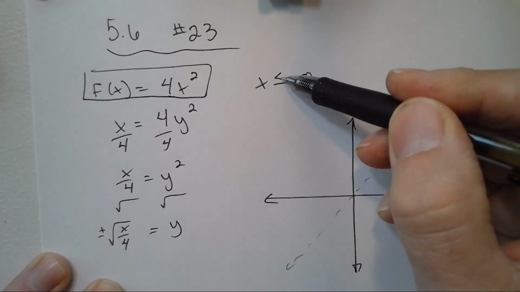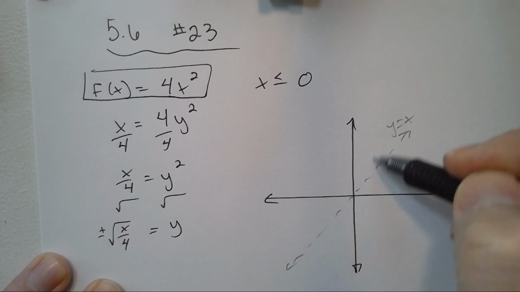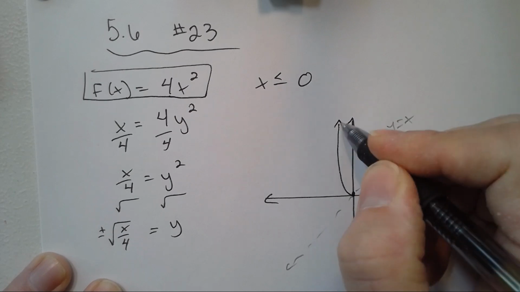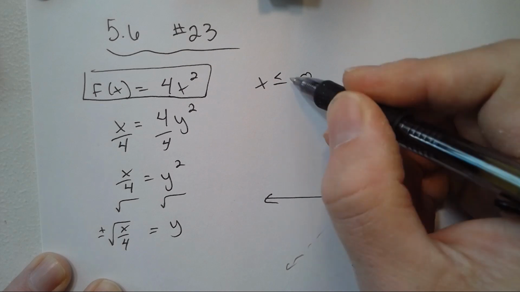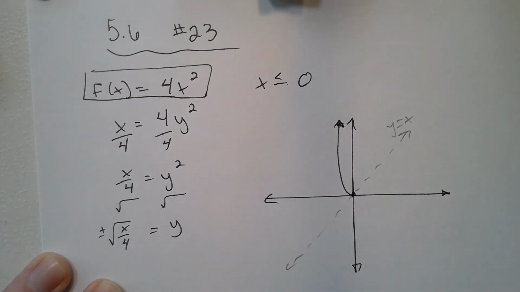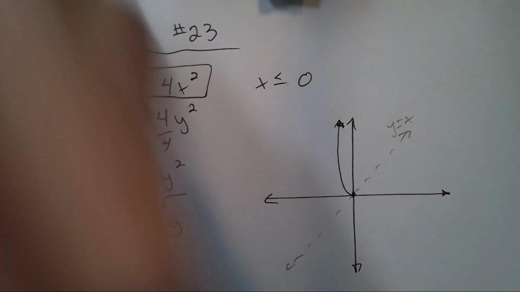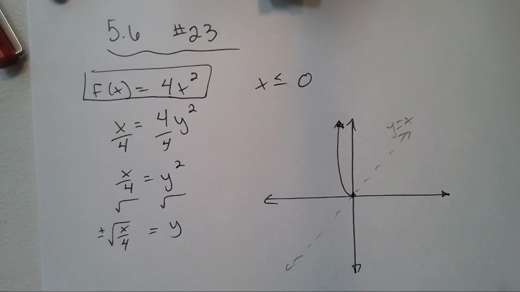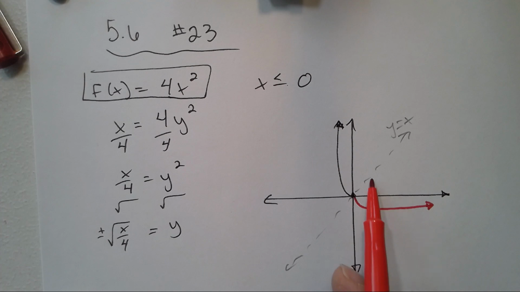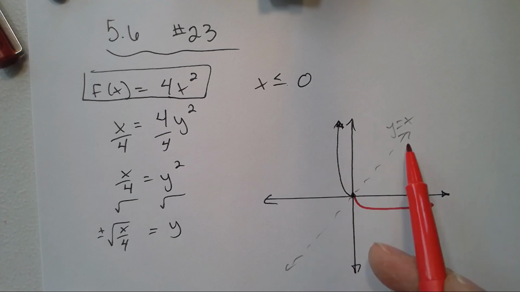So we know that 4x squared looks like this, but we're just going to use the left side of it because x is less than or equal to 0. So if I was going to sketch my inverse, it's got to be symmetrical. It would look like this. You can see that if you fold it across y equals x, it'll land on that one.